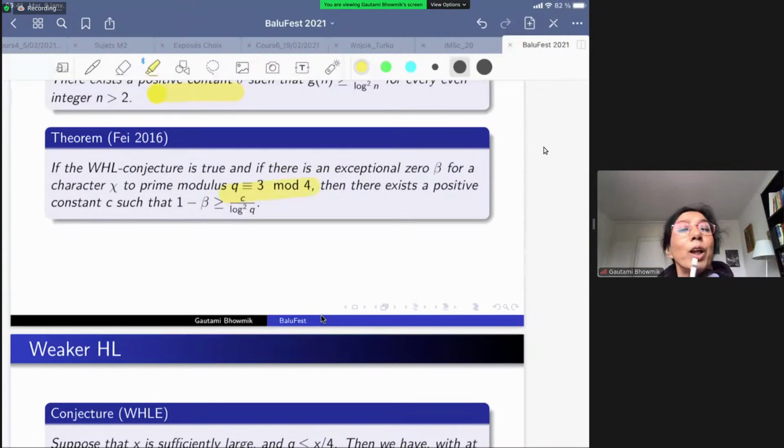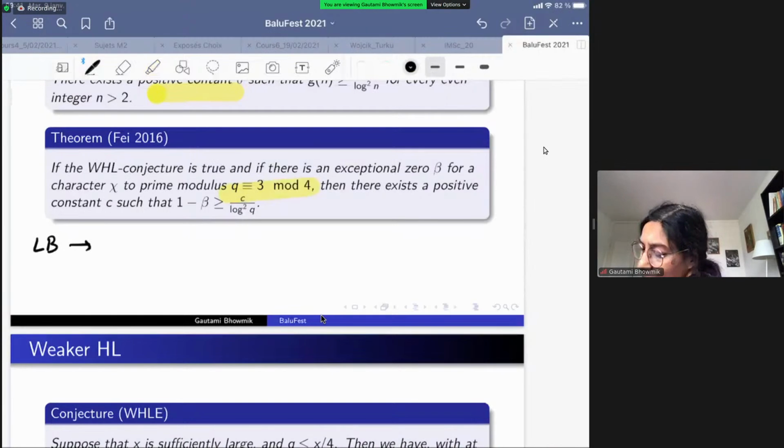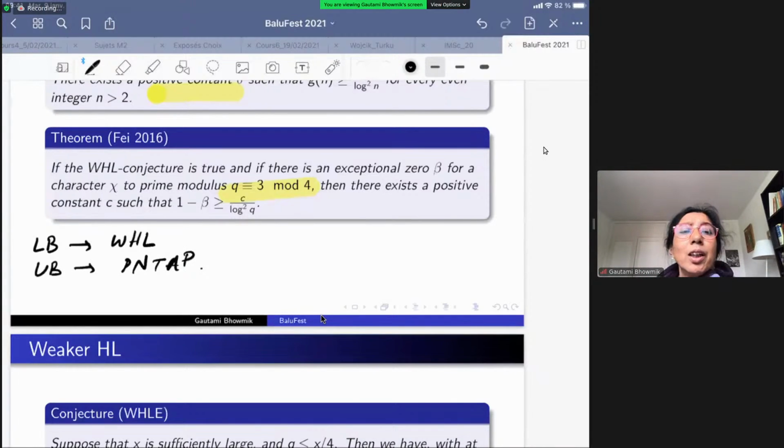So what he does is he gets a lower bound using the weak Hardy-Littlewood conjecture, and he gets an upper bound using the prime number theorem in arithmetic progression. So what I want to say is that we can somehow improve on this result by assuming a condition which is weaker.